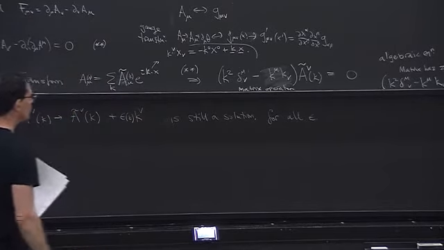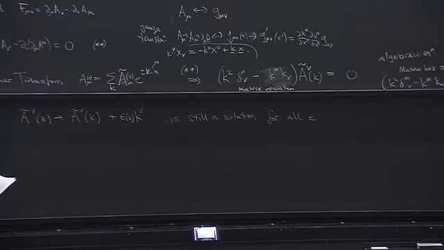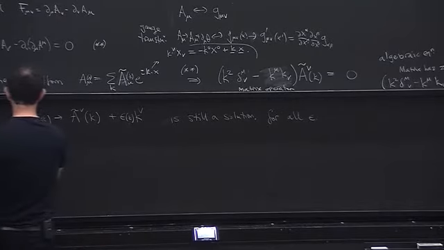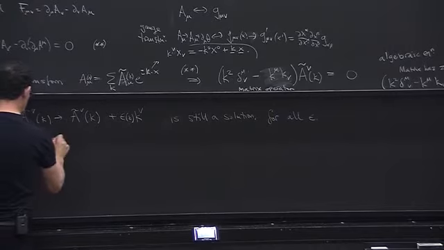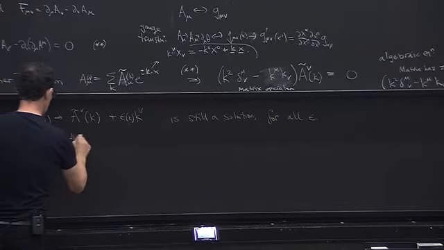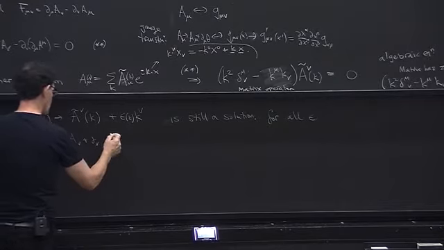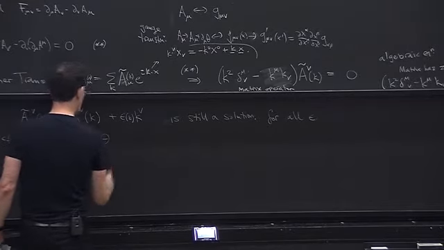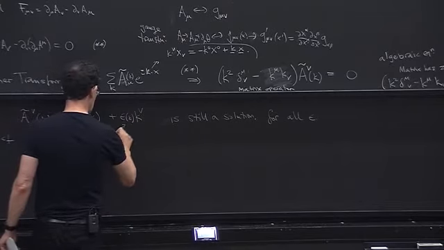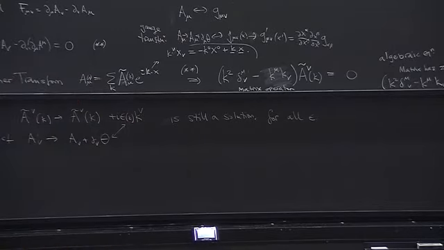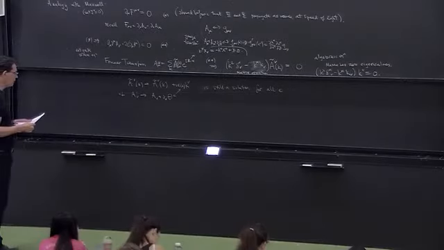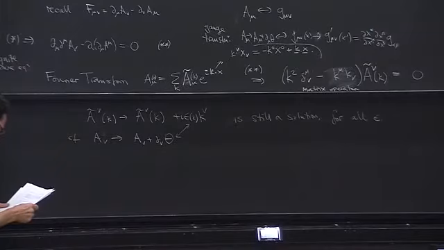Epsilon can be any function of k, and that corresponds to the gauge freedom. Obviously this epsilon, actually i epsilon, is just the Fourier transform of theta, this gauge freedom theta.